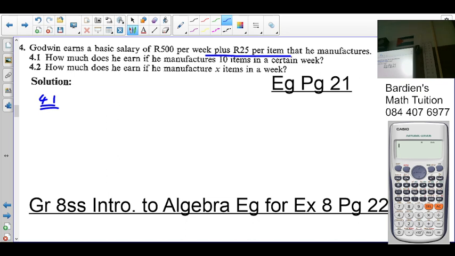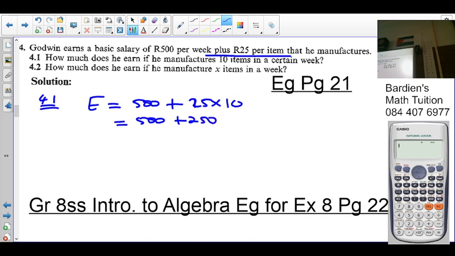How much does he earn if he manufactures 10 items in a certain week? So his earnings, let's call this E for now. You can call it whatever you want to call it, okay? So what will the calculation be? 500 plus 25 times 10, which will give me 500 plus 250, which is 750.